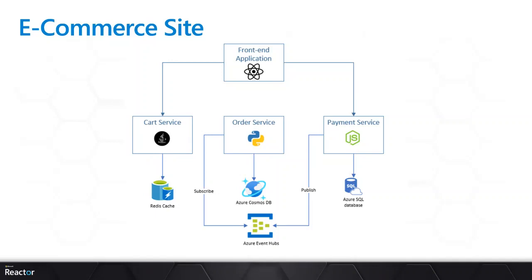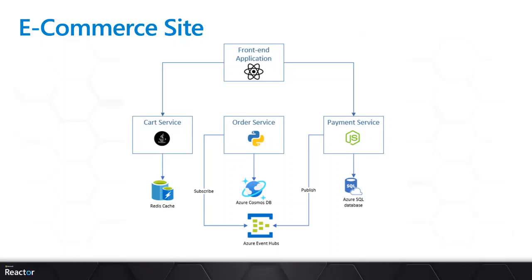In this case, the payment service can directly communicate with the order service over HTTP, or you can implement asynchronous communication, because sometimes your order service may be down at that time, so your payment service will fail. In order to avoid this failing scenario, we can implement async communication with pub sub messaging, where your payment service publishes an event to Azure Event Hubs over Kafka, and your order service subscribes to that topic.